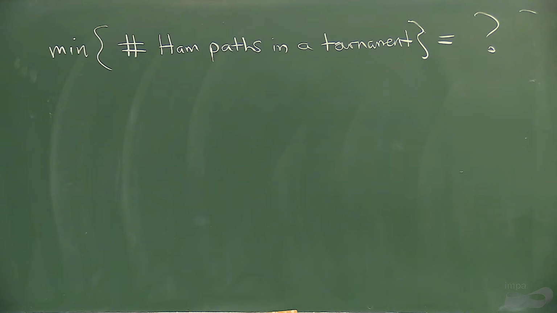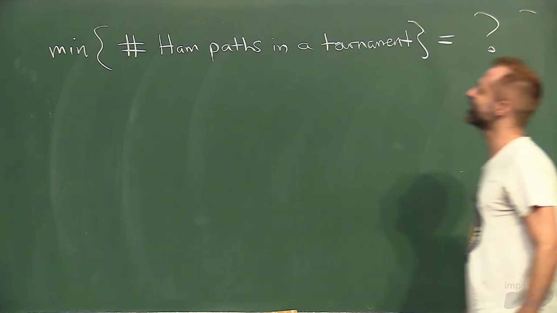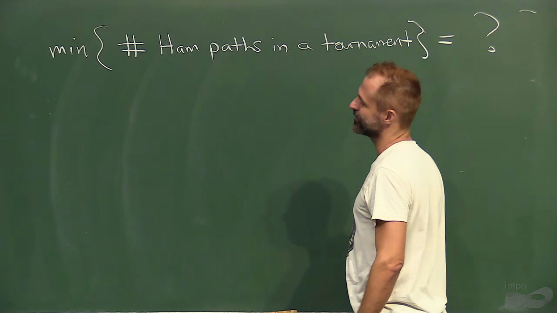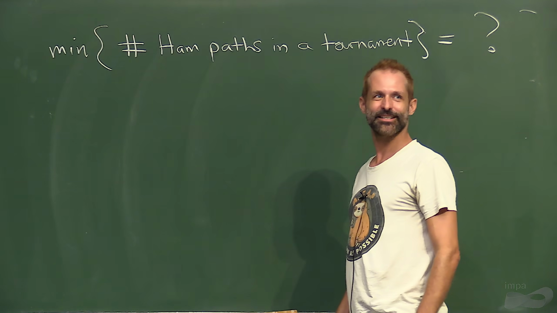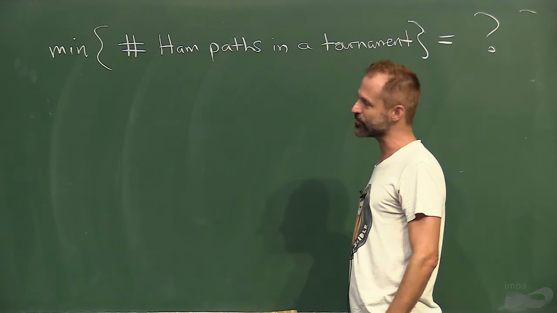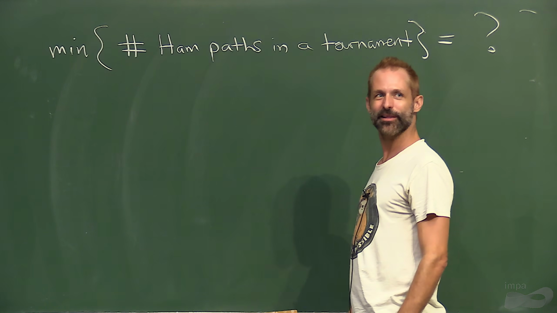What's the minimum you can make it? What's the smallest you can make this number? How do you make 0? It's not super obvious how to make 0, I think.